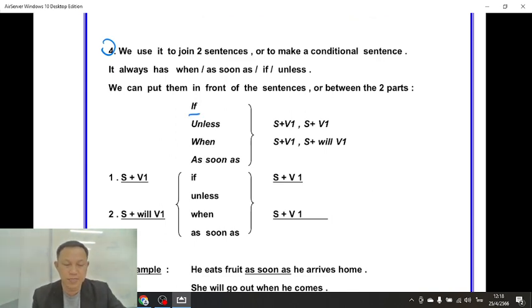If, unless, when, as soon as, subject plus verb 1, subject plus verb 1. Subject plus will, verb 1.